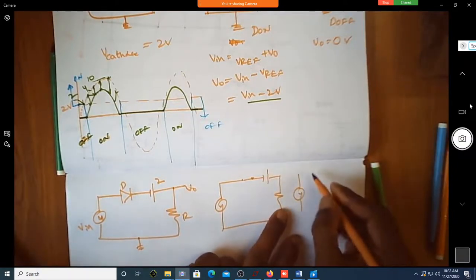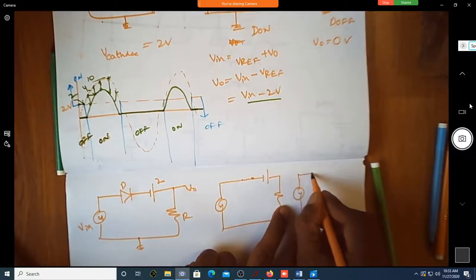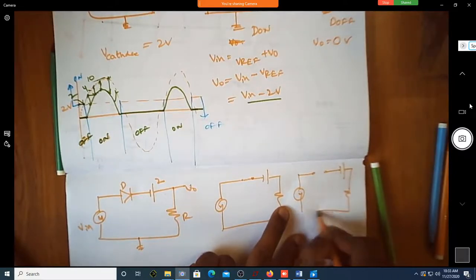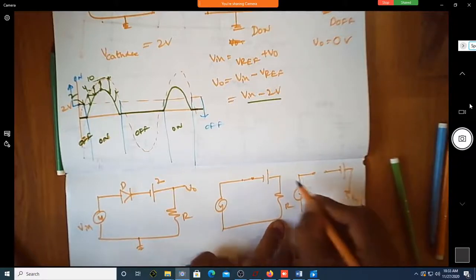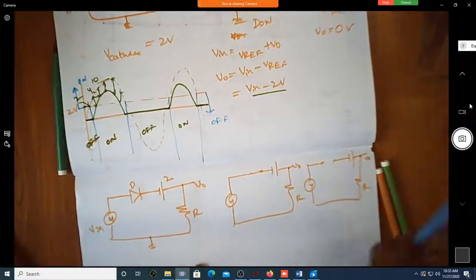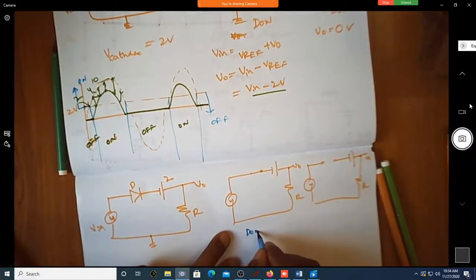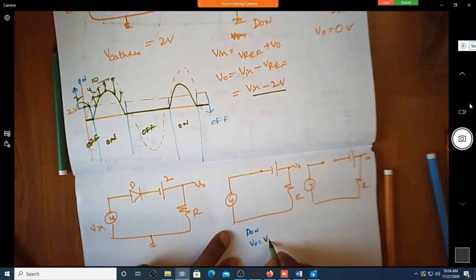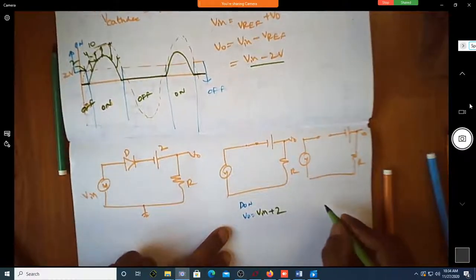So maybe since it is the initial classes, I'm just writing it so that you need not panic. That's perfect. That's what I ultimately want. If you're writing it like this, it will be okay. It will be easy for all of you. So when D is on, what is V naught? V in plus 2. So V in plus 2 volt. Correct?